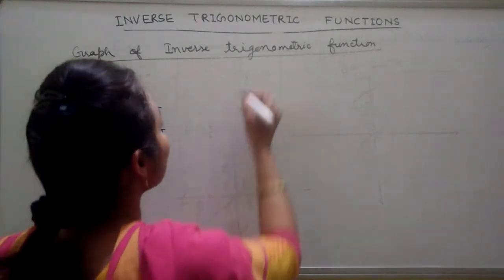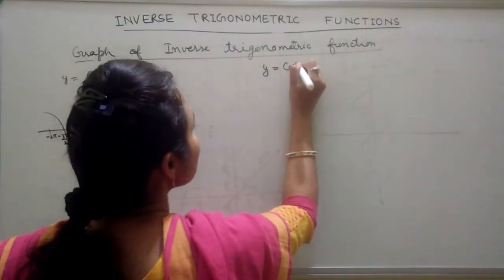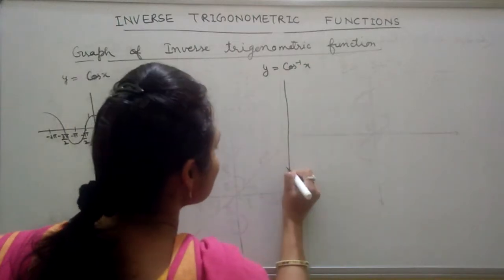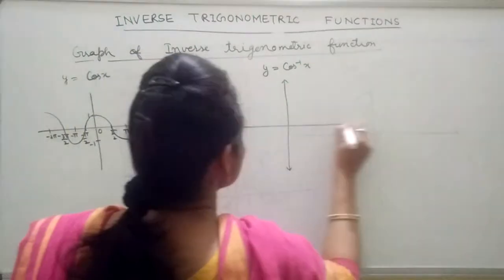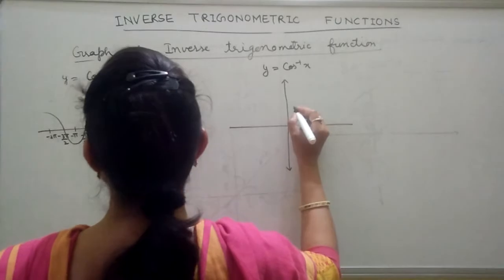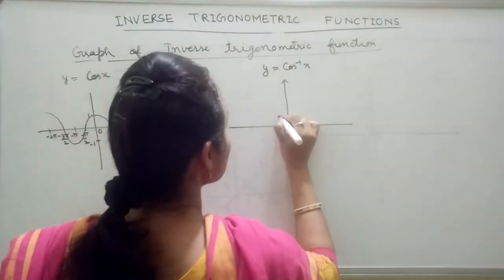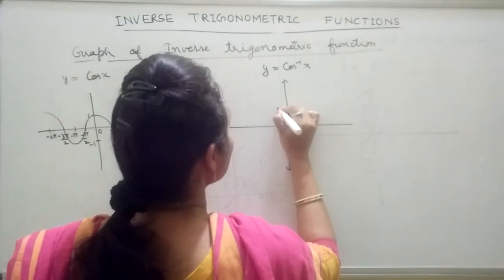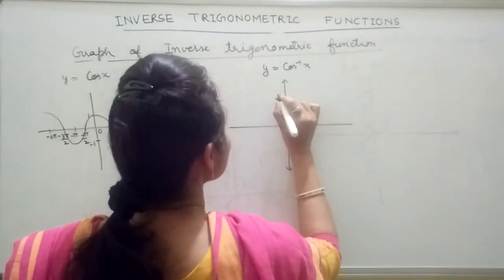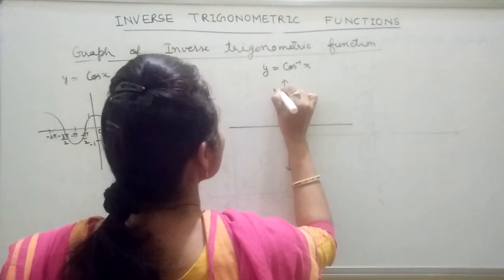If y equals cos inverse x, we have the values on the y-axis like this. Pi by 2, pi, 2 pi, 3 pi by 2, and 2 pi.